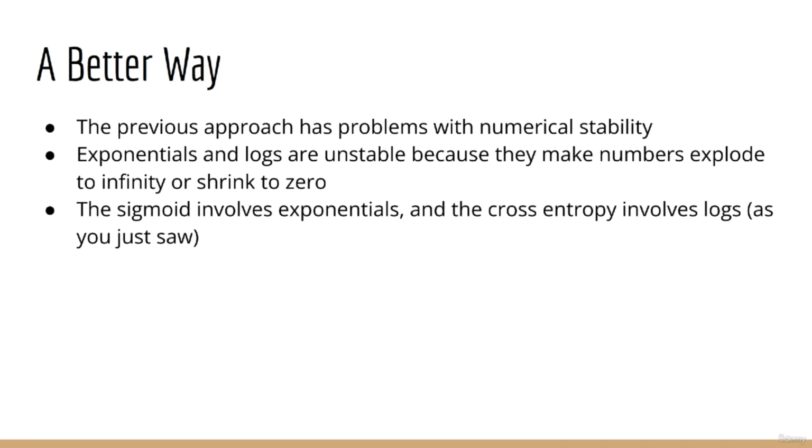Now, as you may recall, the exponential is the inverse function of the log, so they effectively cancel each other out. In effect, there is a way to combine the sigmoid and the subsequent loss function that makes the computations more numerically stable. Now, luckily, you don't have to understand this. You just have to understand the syntax.